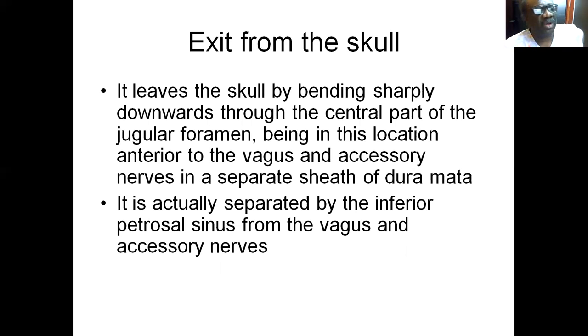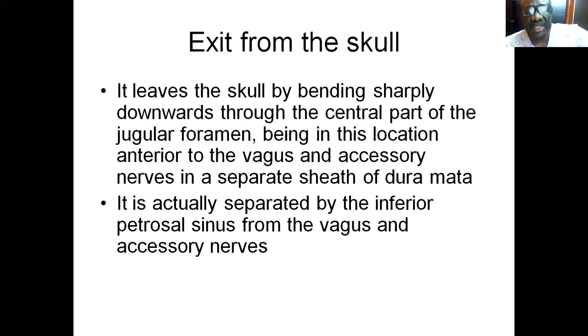And as part of the course, from its exit as it leaves the skull, by bending sharply downwards through the central part of the jugular foramen, being in this location anterior to the vagus nerve and the accessory nerve, in a separate sheet of dura mater.